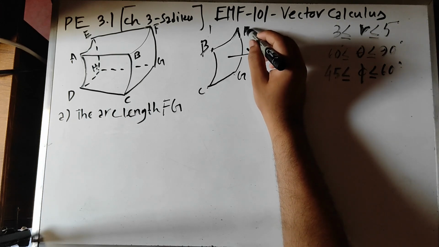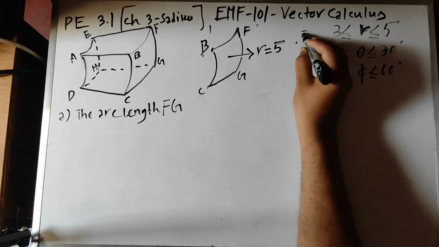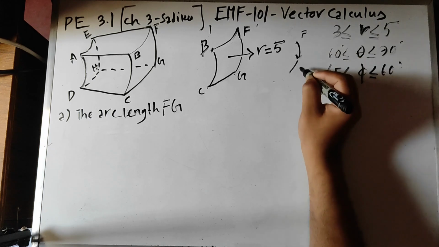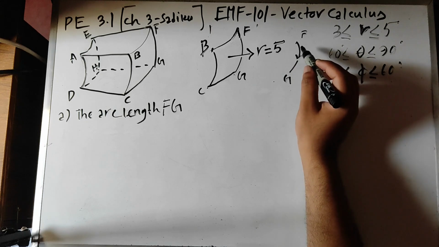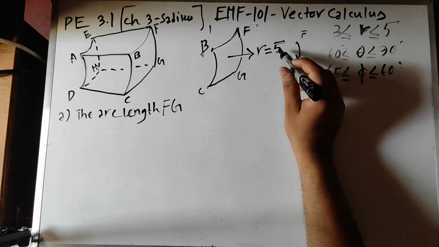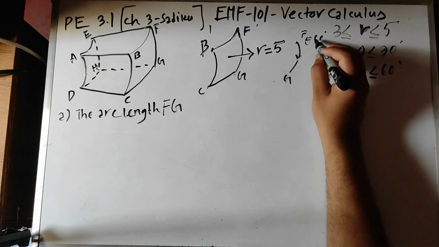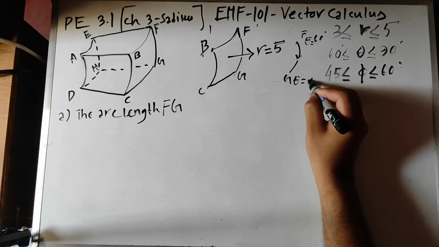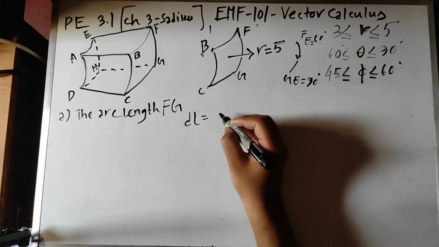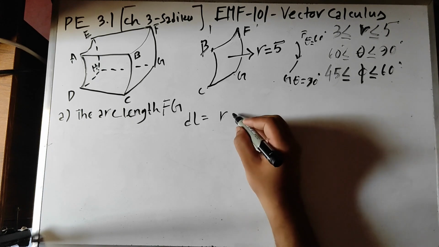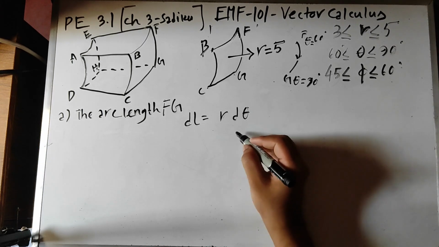So what is happening, say a point is traveling from F to G like this. So here r is constant, phi is constant, but theta is changing. Theta is changing from 60 to 90. So here the differential length is r d theta, so we have to find this.